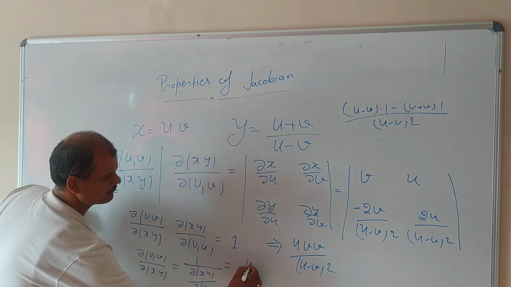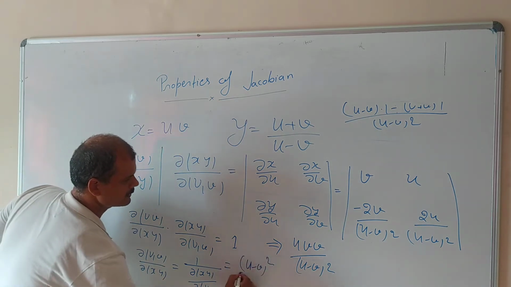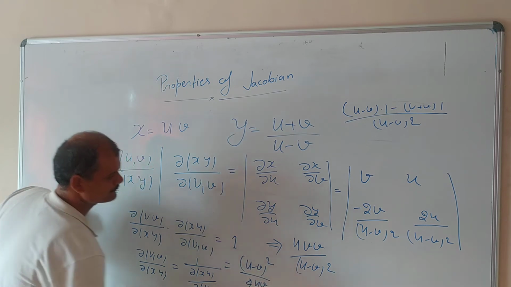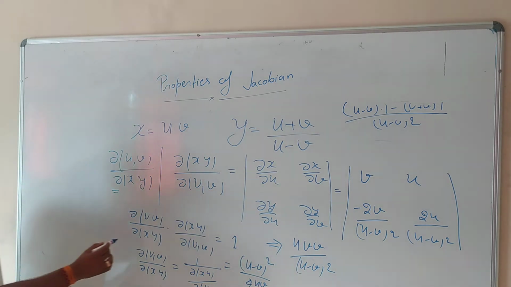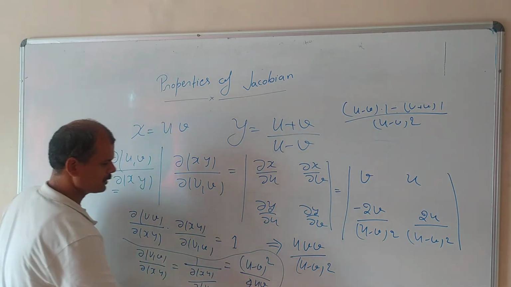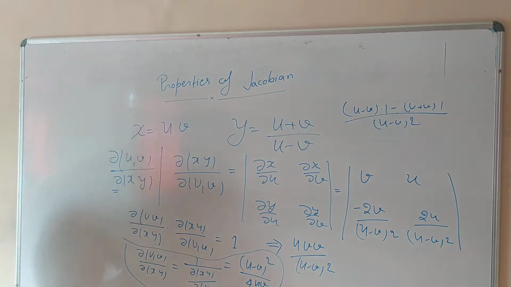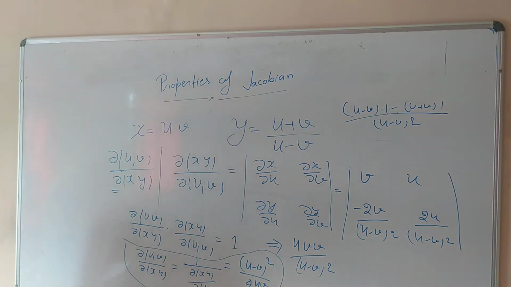So this will be your (u minus v) whole square divided by 4. So we have just put the reciprocal of that, so we get that answer. Fine. So this was the first property of Jacobian.